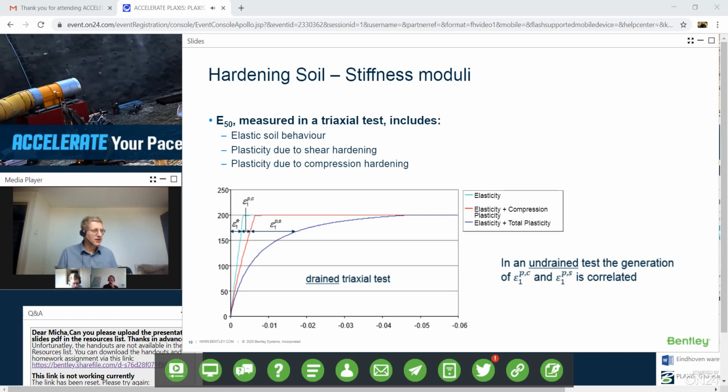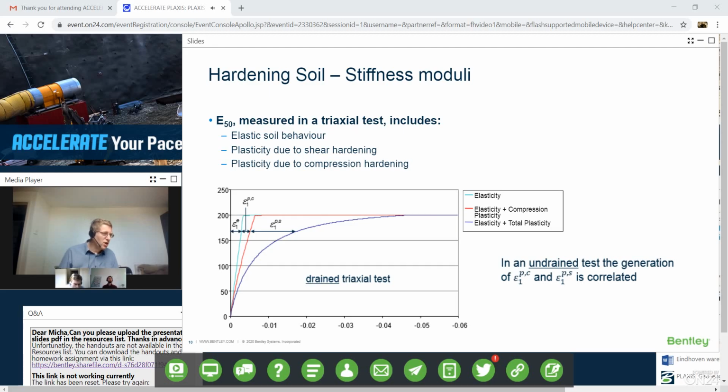And then the blue line that I finally get, the dark blue line, is just using the material normally consolidated in compression and in shearing, and this is like my normally consolidated triaxial test. So I see three lines, the first line just being elastic, the second line being elastic plus compression plasticity, and the third one is elastic plus compression plasticity plus shear plasticity.